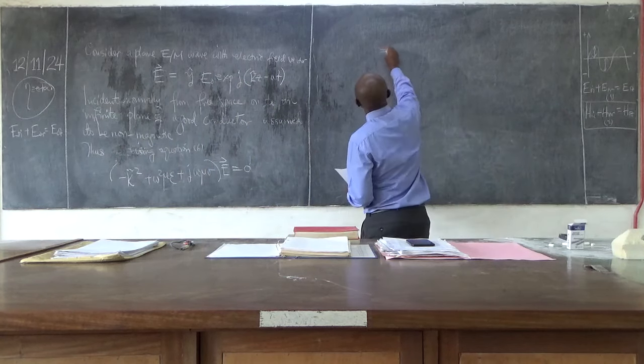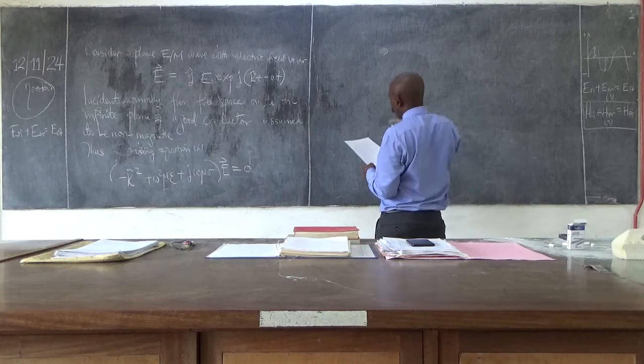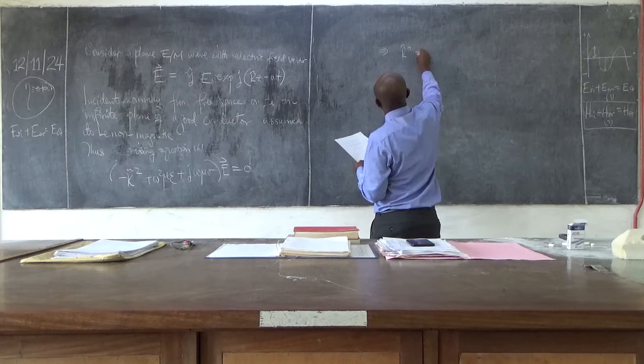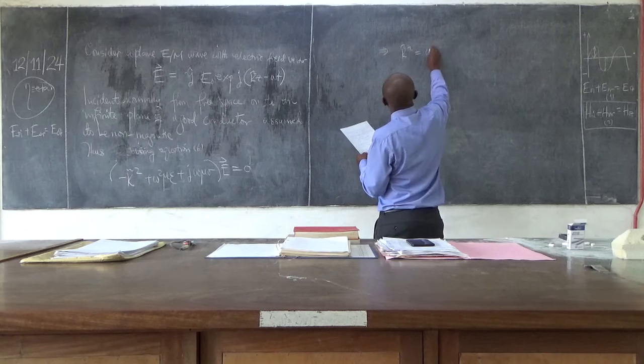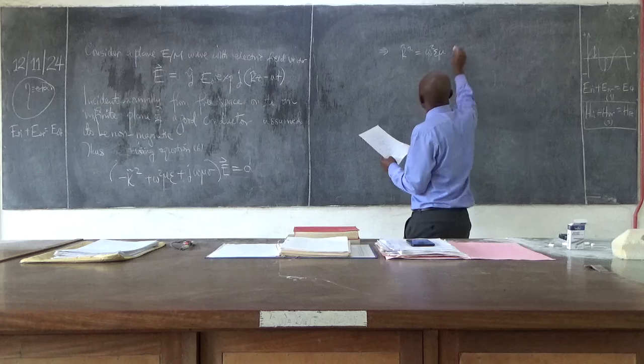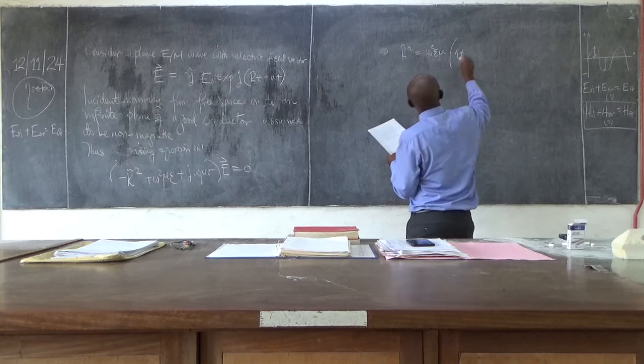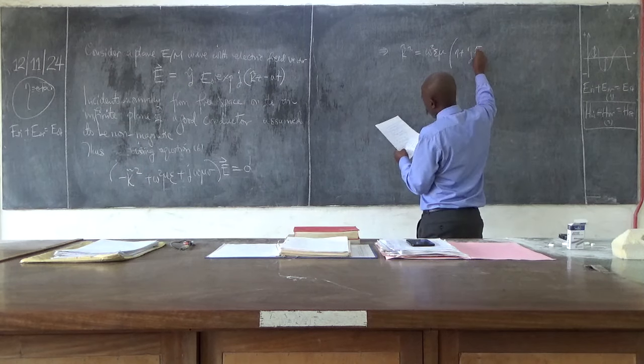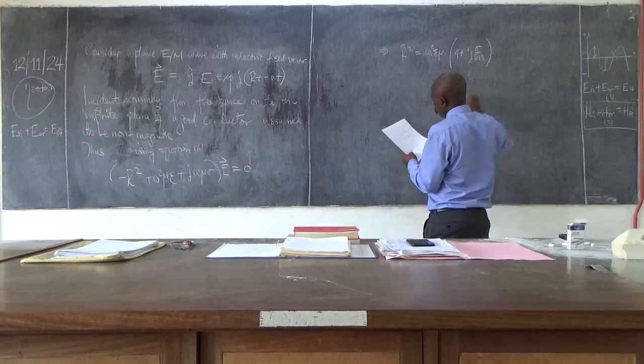So this implies that k wave squared will be equal to omega squared mu epsilon times 1 plus j sigma over omega epsilon.